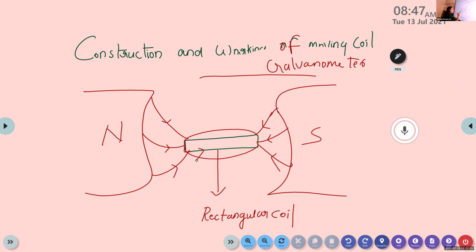When a current I is passing through this rectangular coil, it experiences a force and thereby undergoes a rotation.